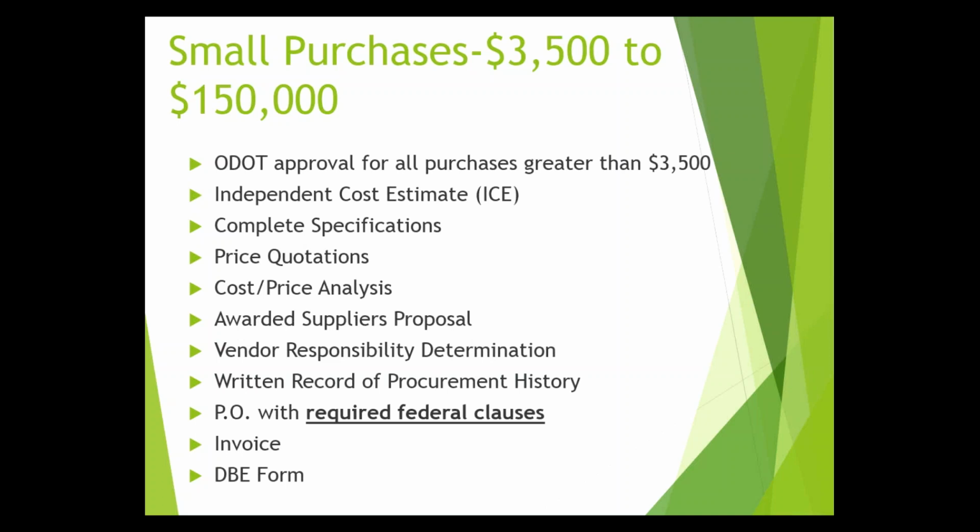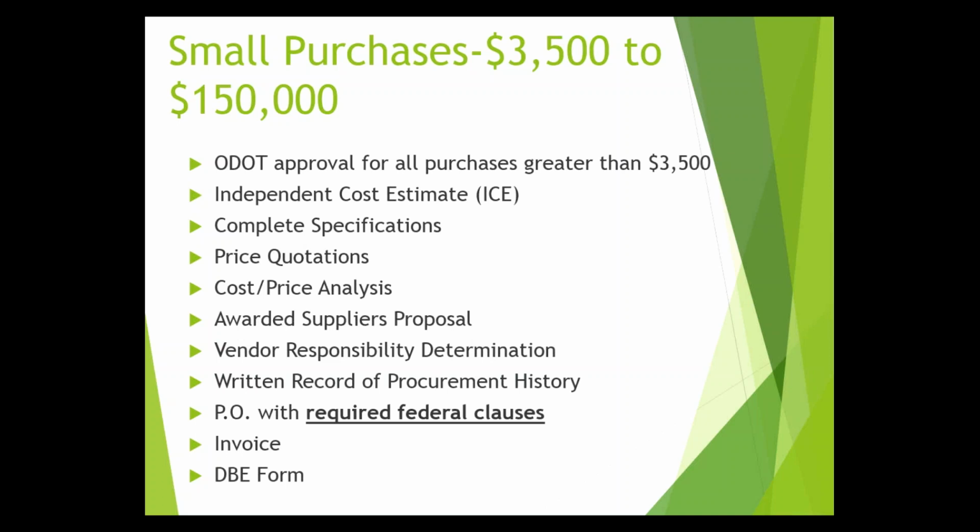Any purchase that you're going to make over $3,500, you should be calling in to your rep, letting them know that you're making the purchase, and they can help you out with any of the pieces of that. Again, if it's a more complicated purchase, your rep will be able to help you out and make sure that you walk through the steps correctly and that we're all safe and compliant in the end.